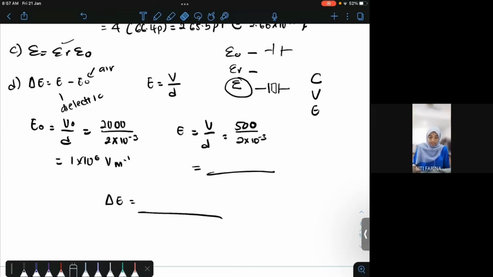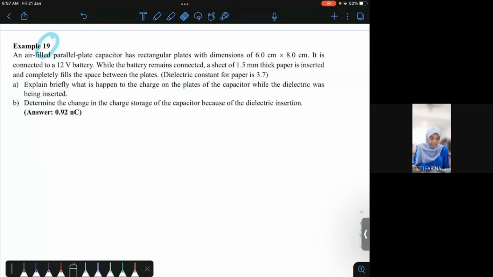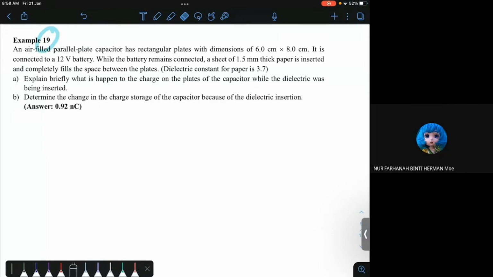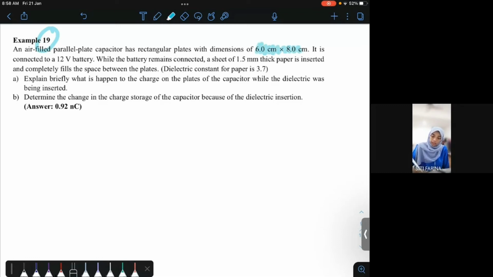Okay, last example here. Example 19. You have an air-filled parallel plate capacitor with rectangular plates of dimension 6 cm by 8 cm. Okay, what does 6 cm by 8 cm mean? Area.